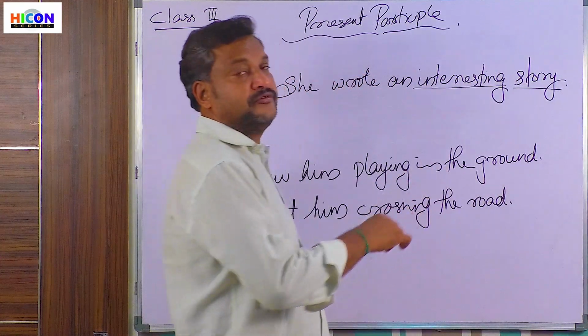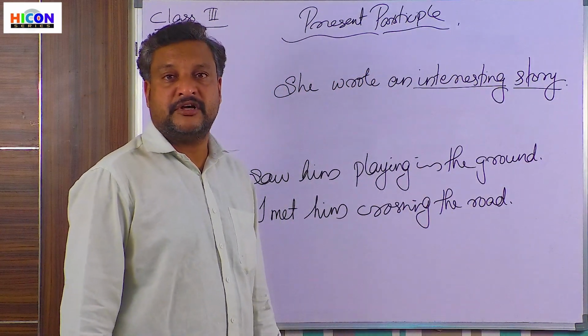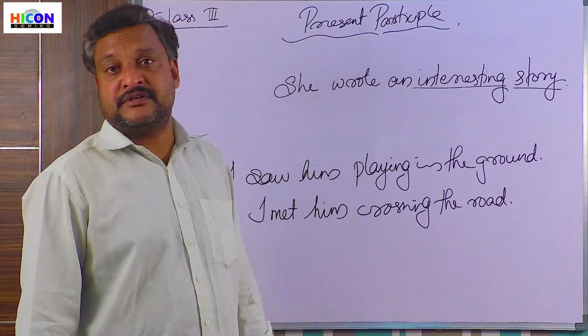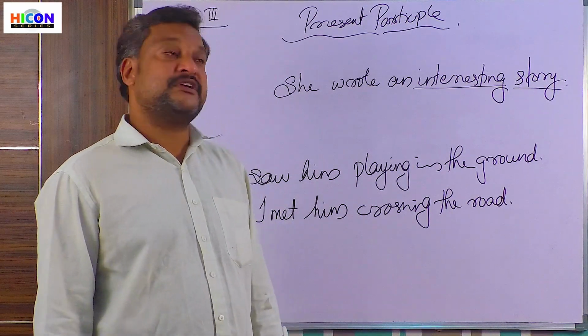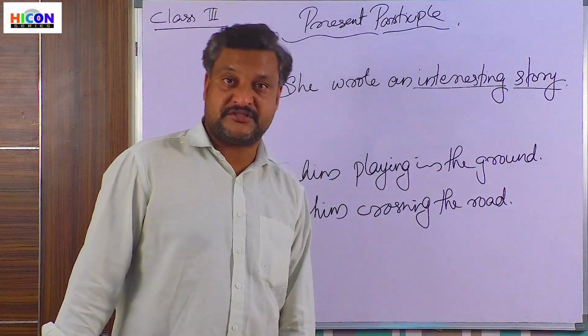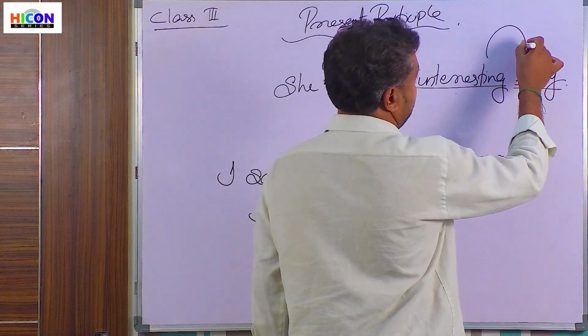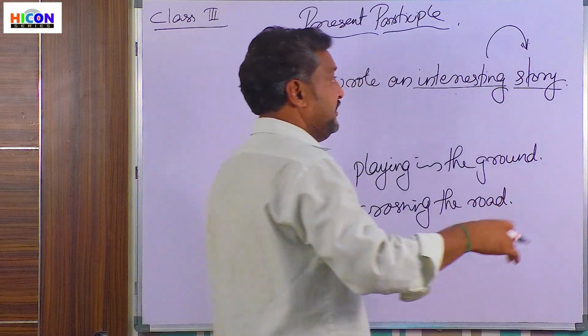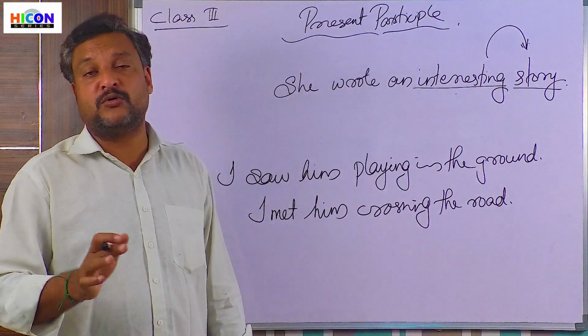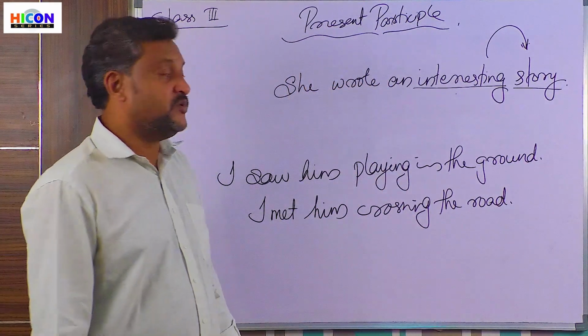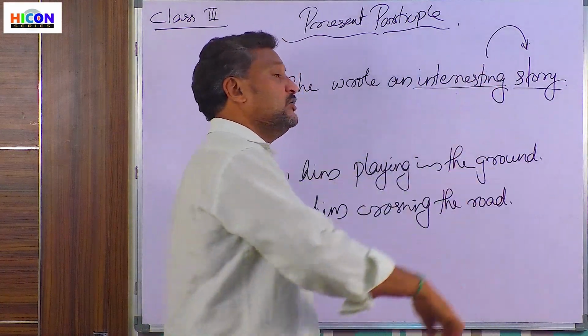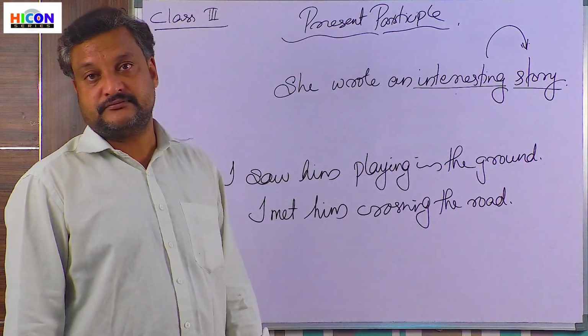Interesting is the ing form of the verb. Interest is a verb. Interest, interested, interested. The present participle is the ing form, interesting. So here, interesting is a word that is used to say something about the noun story, isn't it? So here, interesting is used as an adjective.